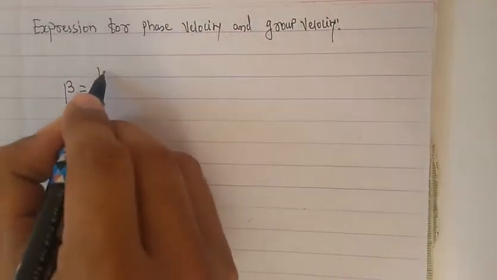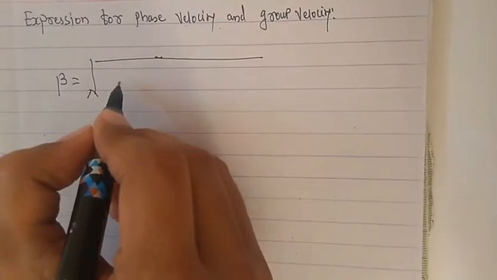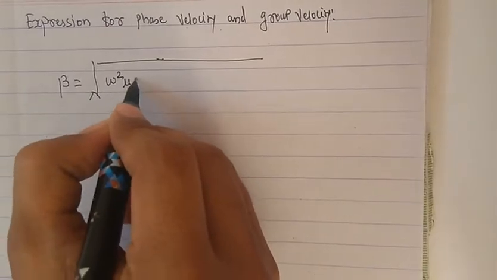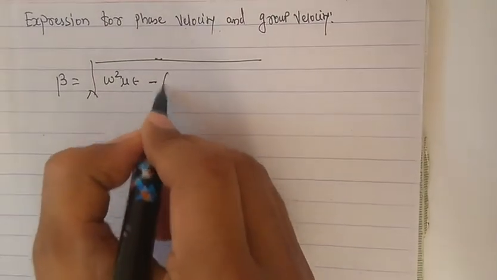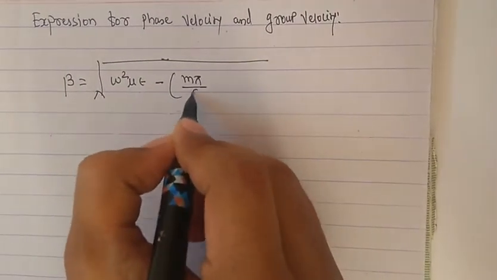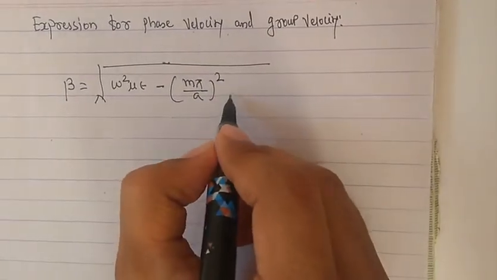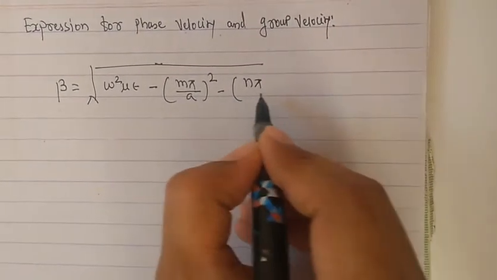From TE and TM mode analysis, we know that beta is equal to the square root of omega square mu epsilon minus (m pi by a) square minus (n pi by b) square.